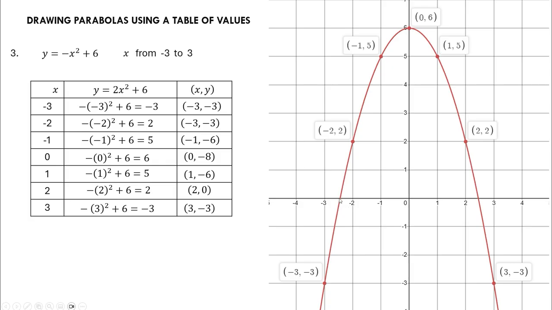Here are the x-intercepts right here and here. Here's our vertex, 0, 6. And this is also our y-intercept because it's crossing the y-axis at the point 6.